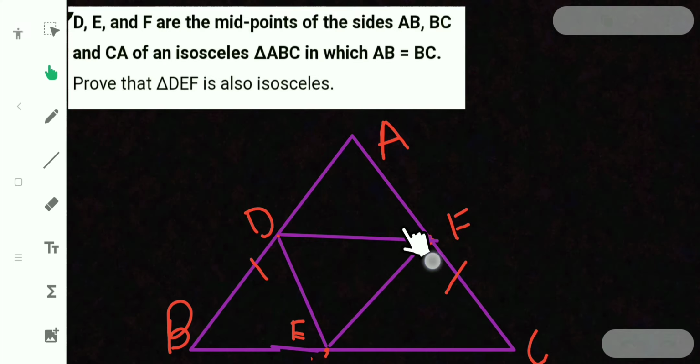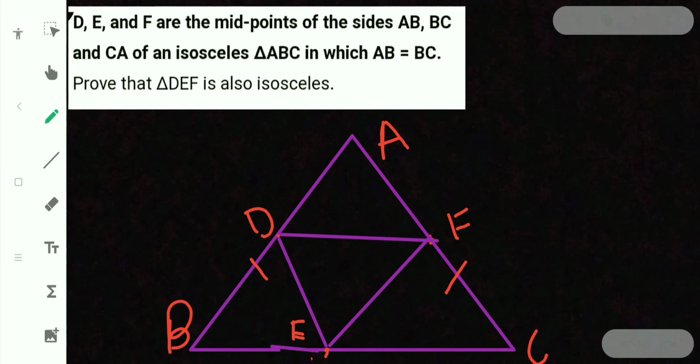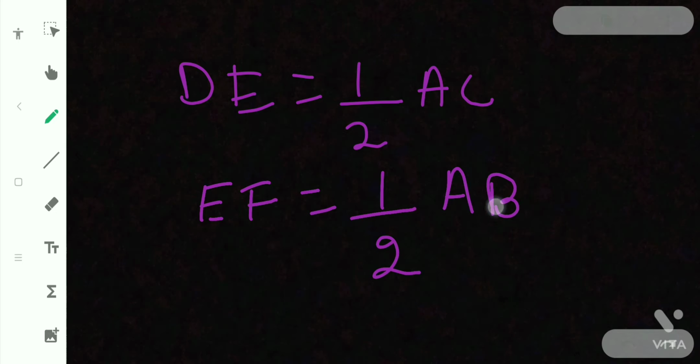So it will be also equal to half of AB and parallel to AB. So EF is equal to half of AB.